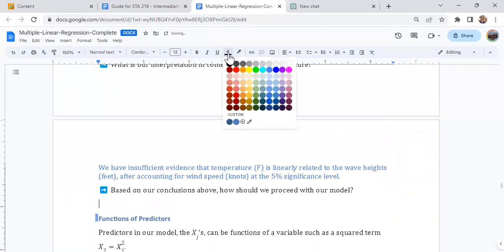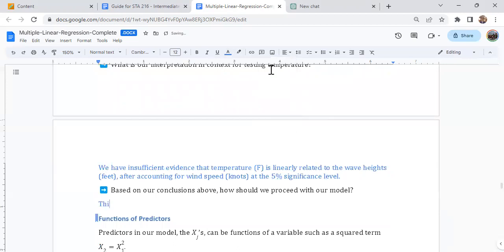And so what does that mean for the model? This suggests that we should refit the model excluding temperature as a predictor.